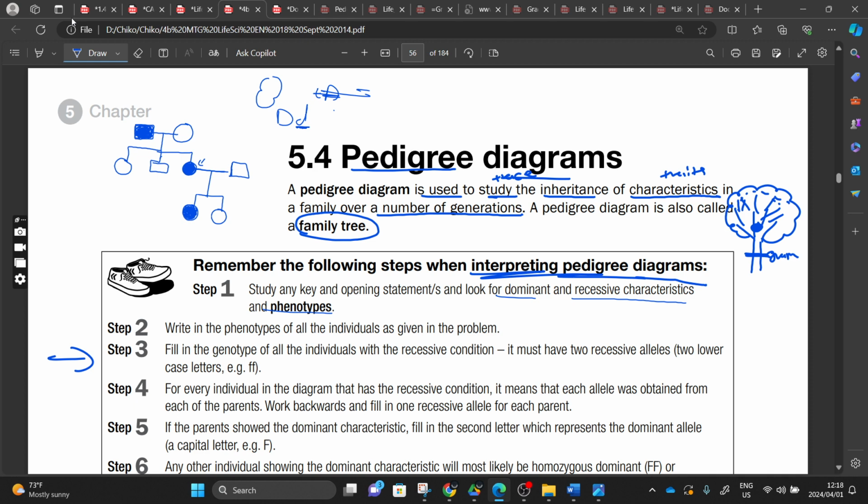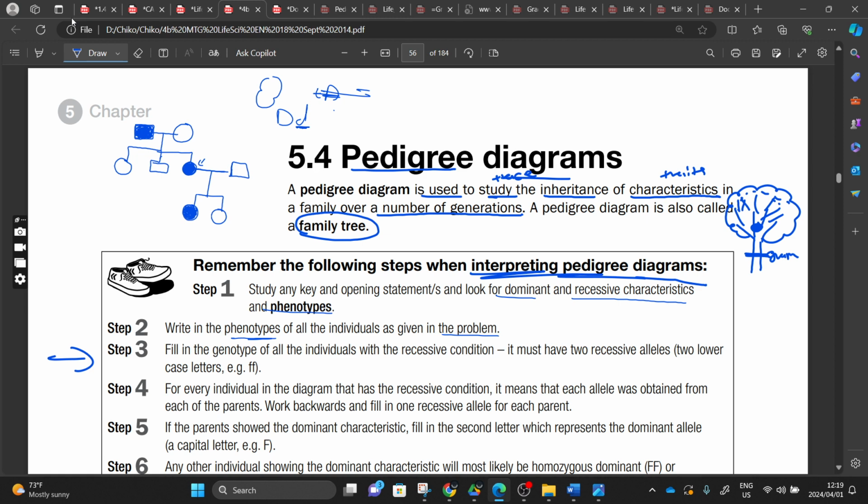So from there, step two, write in the phenotypes of all the individuals as given in the problem.